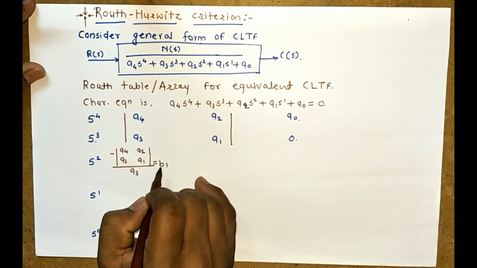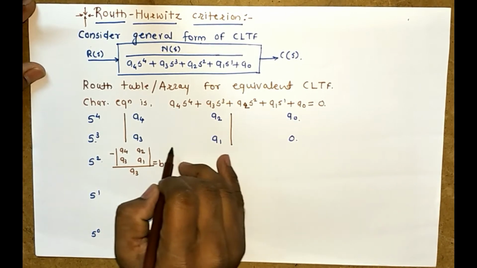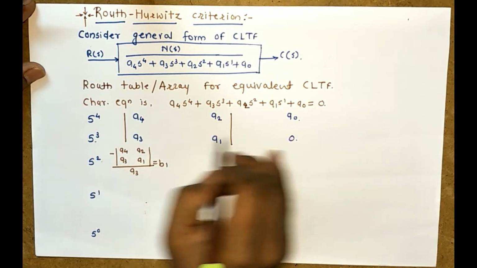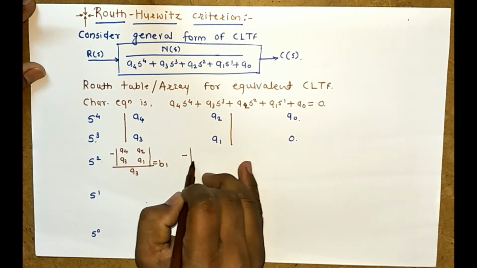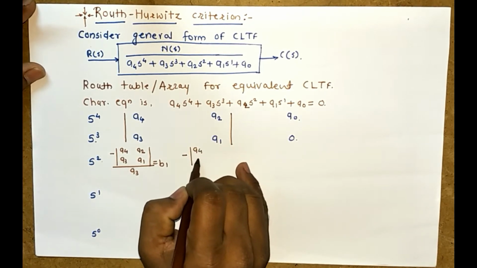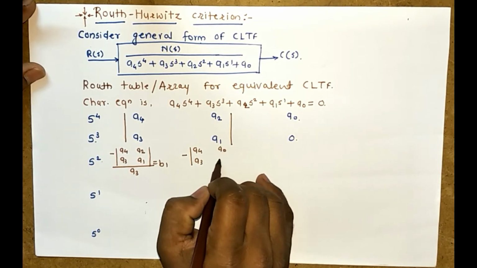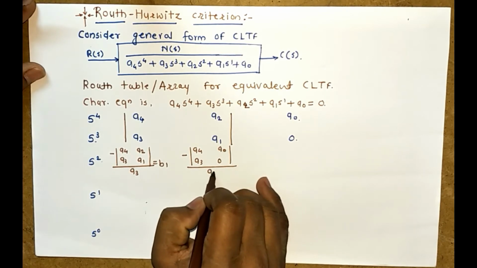Say this is the value b1. Now to find the second value of the third row, consider the matrix a4, a3, a0 and 0 divided by a3. Say this is b2.